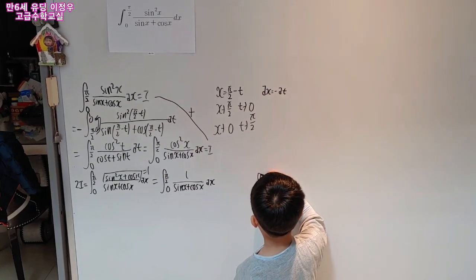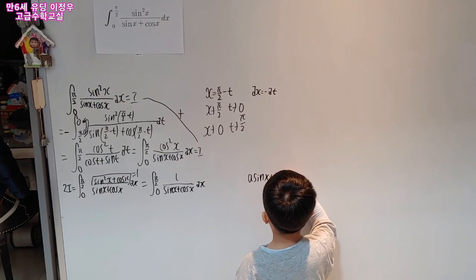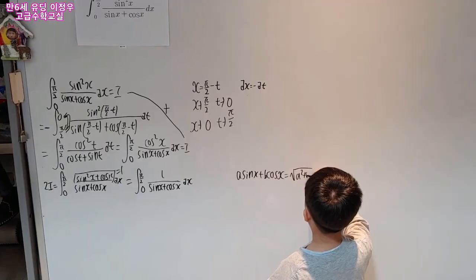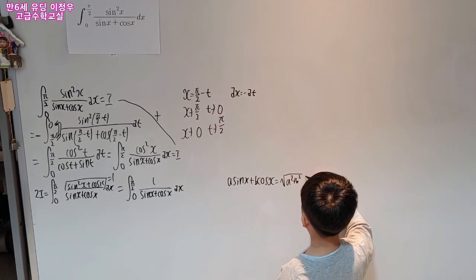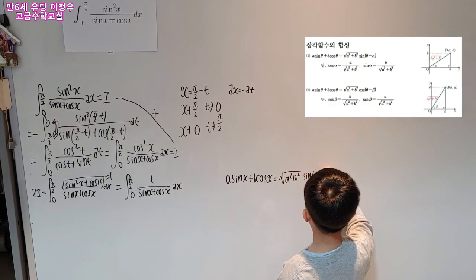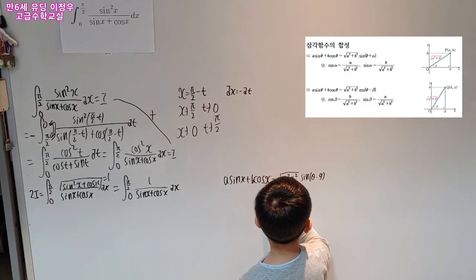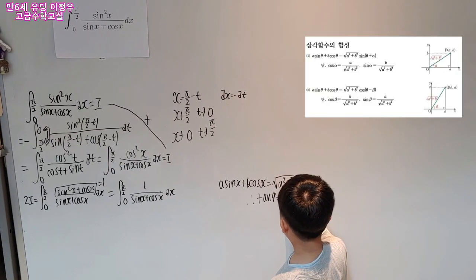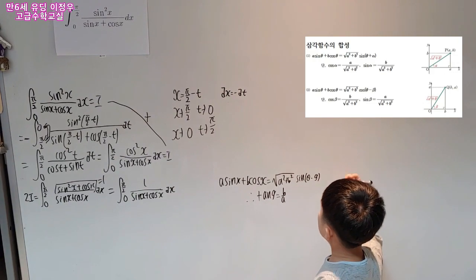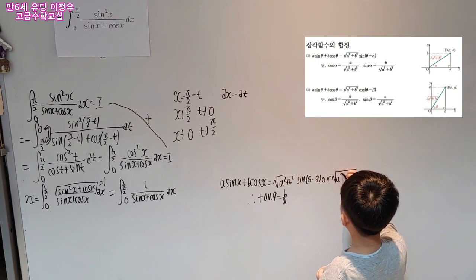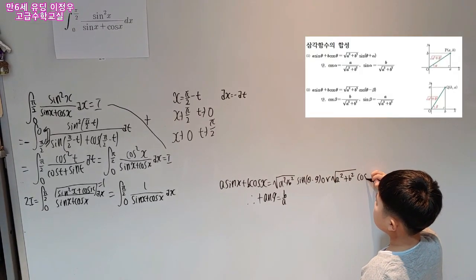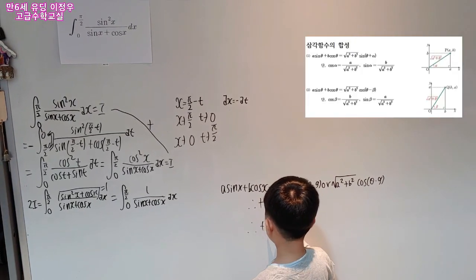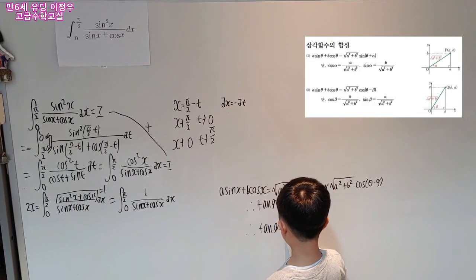So a sine x plus b cosine x equals root a squared plus b squared sine theta minus alpha, when tangent alpha is b over a, or root a squared plus b squared cosine theta minus alpha, when tangent alpha is a over b.